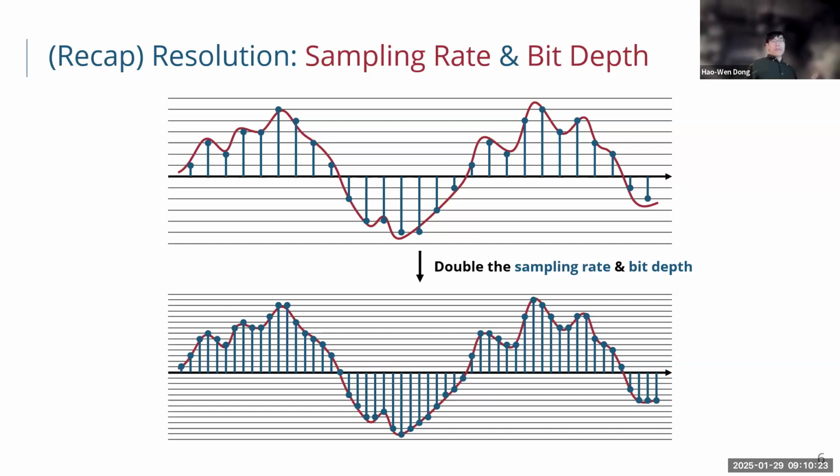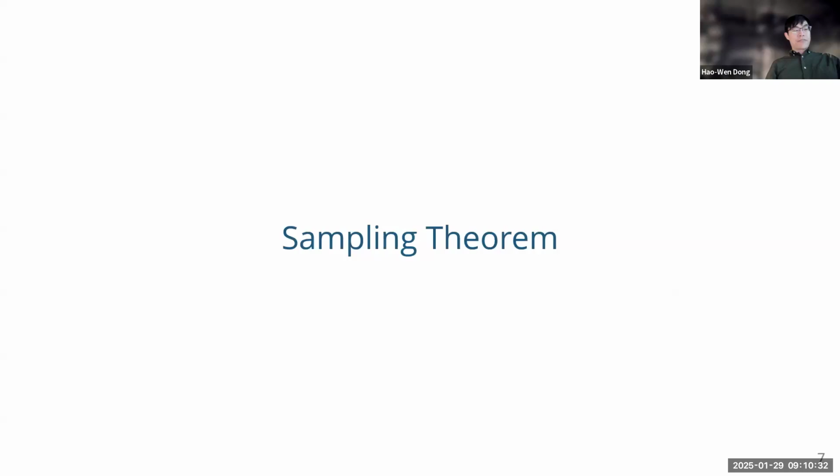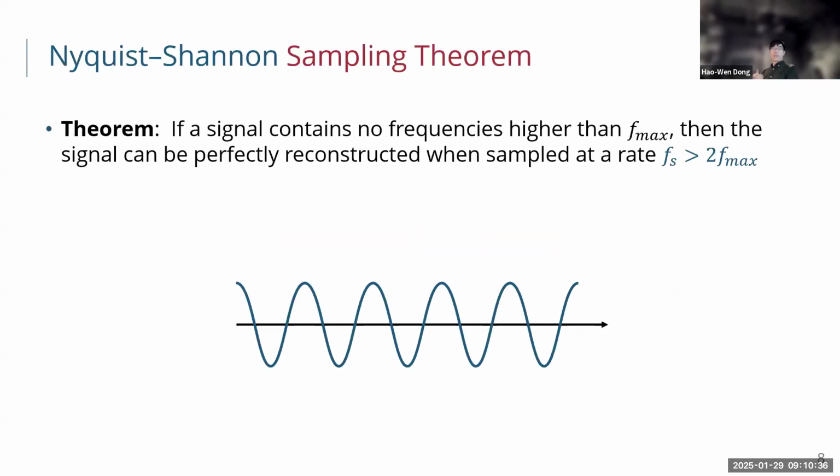So last week we talked about sampling rate, but there were a lot of questions about why CD is at 44.1. So I would start by talking about the sampling theorem. Technically it's called the Nyquist-Shannon sampling theorem.